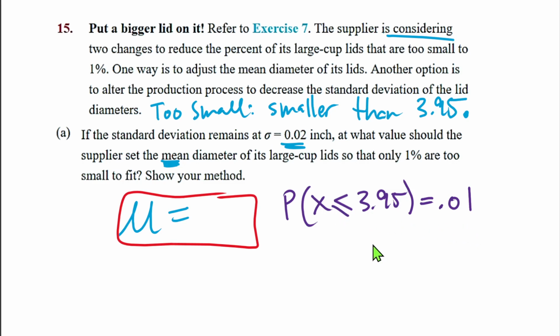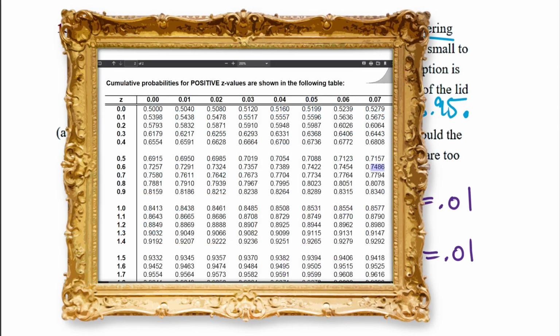Okay? So that's the probability. Could we turn this into a z-score and say the probability that z is less than a certain value is 0.01? So yes, we're going to convert this 0.01 to a z-score. And so now, of course, we just turn to our table and we look for 0.01.